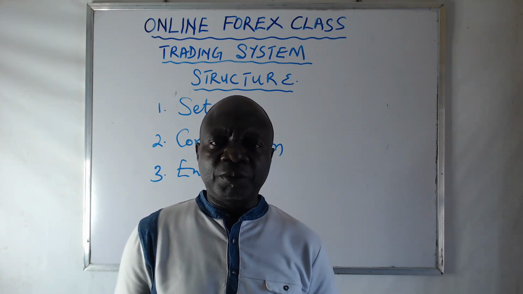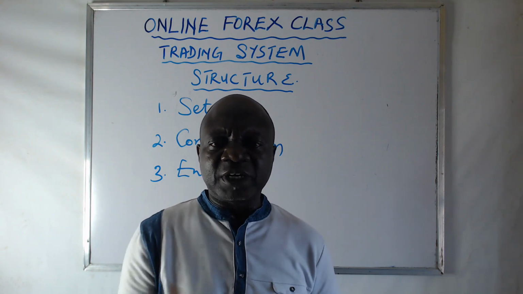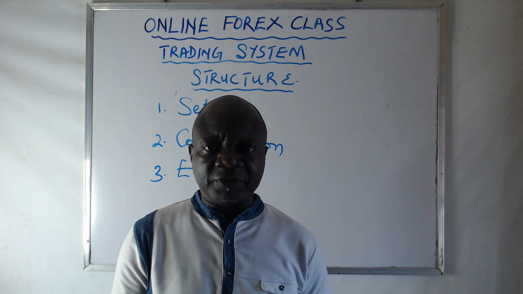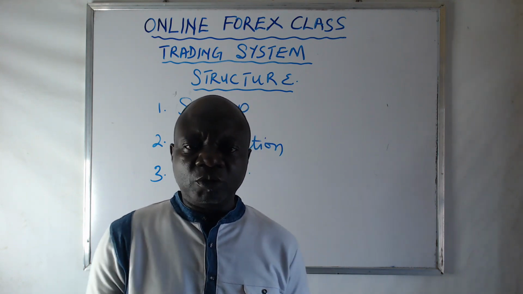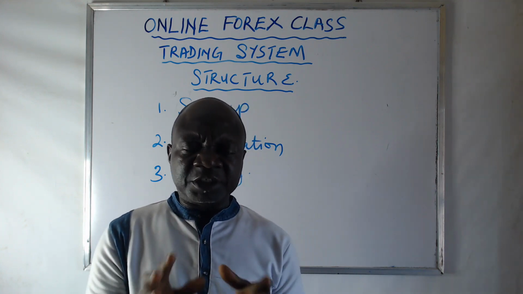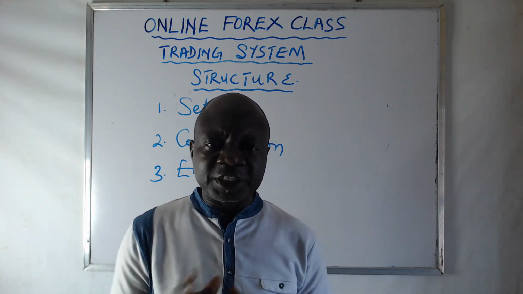You have seen the setup. Yes, the market should be on the upward trend. We should have the buy candles. We are talking about a buy trade now, buy signals, and then you look at it. I told you about the characteristics of a very good trading system.